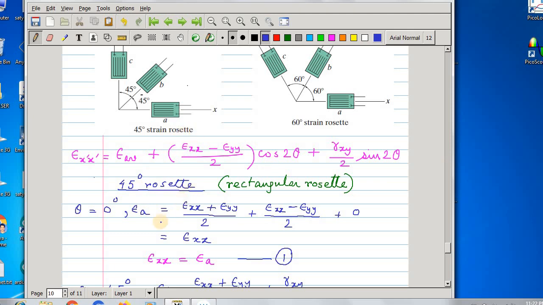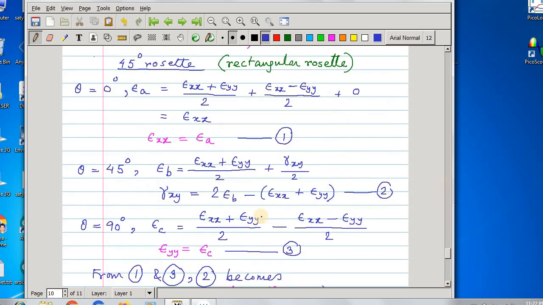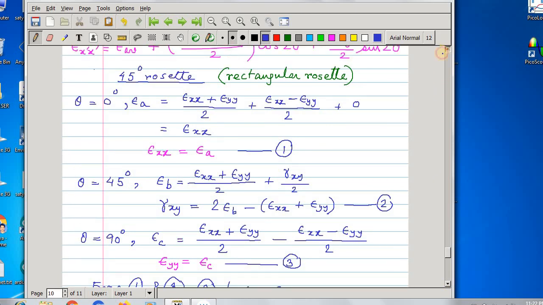So let us call the strain along this epsilon a. So epsilon a is, put theta equal to 0 degree for this. So this is epsilon xx. So epsilon a is epsilon xx. Now put theta equal to 45° and again use the formula.